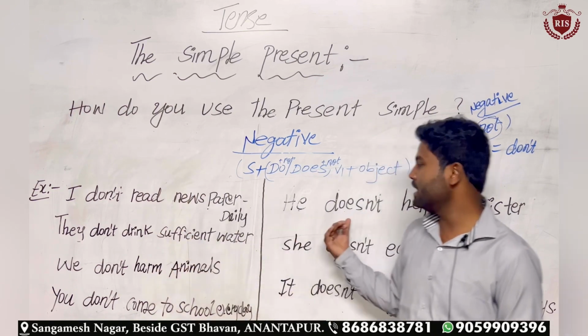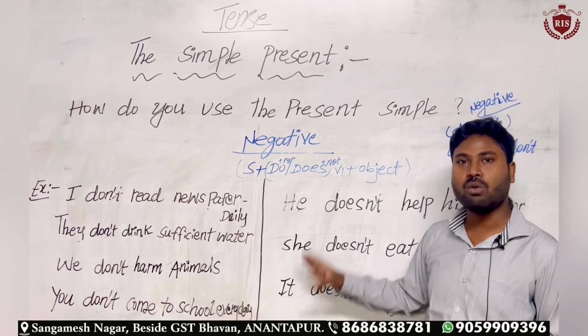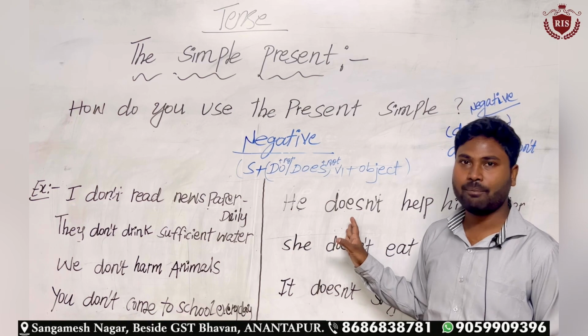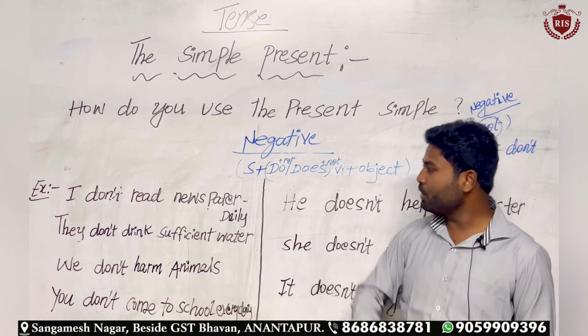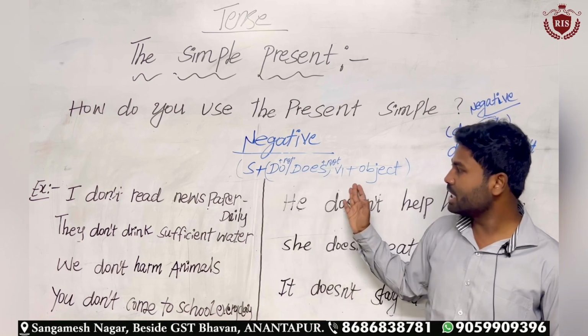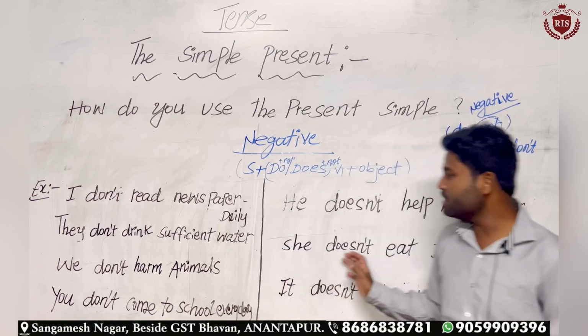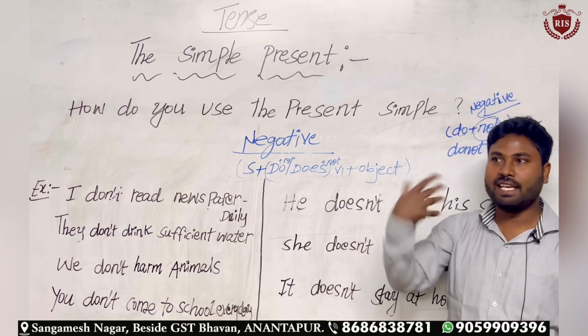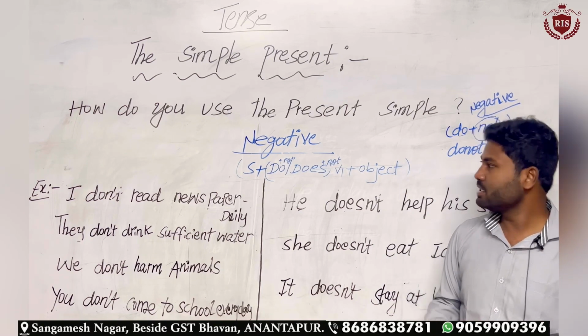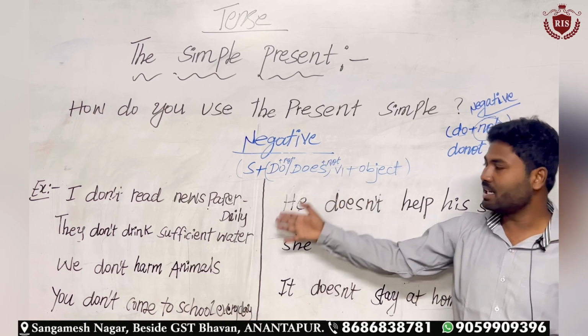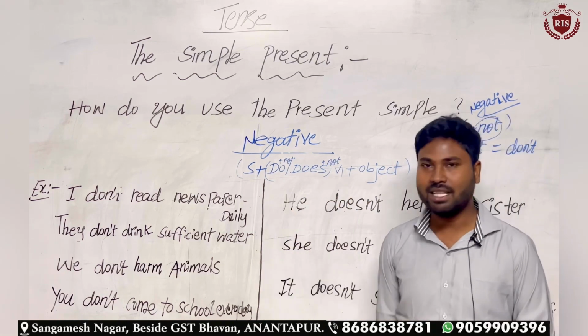Doesn't is used for the pronouns he, she, it in the negative sentence. I hope everyone is clear till here. I want you to please copy the structure as well as these examples so that you will be able to frame sentences on your own by using this structure and these examples. Please copy this in your notebook.